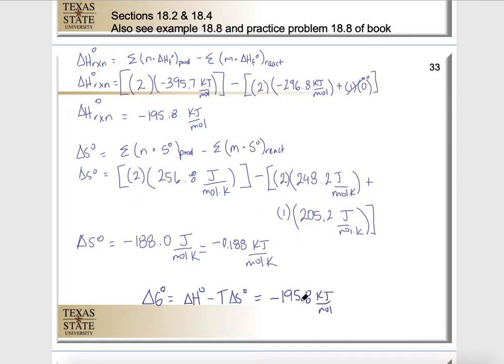and that is minus the temperature. The temperature at standard conditions and in this problem was 298 Kelvin, and then that's multiplied by our entropy change, which is negative 0.188 kilojoules per mole Kelvin.